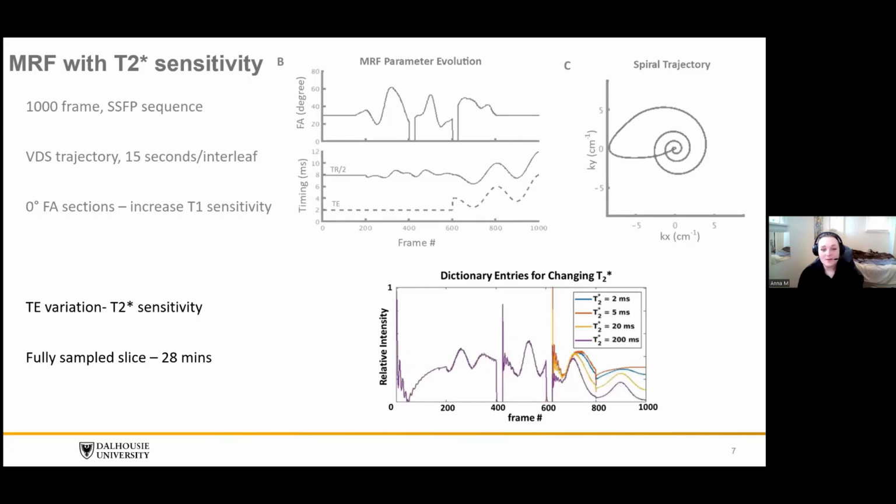And then to include T2* sensitivity, which is the novel part of this, we introduced TE variation on the end of the sequence. And all of this culminates in a sequence which, when fully sampled, can image a single slice in about 28 minutes.